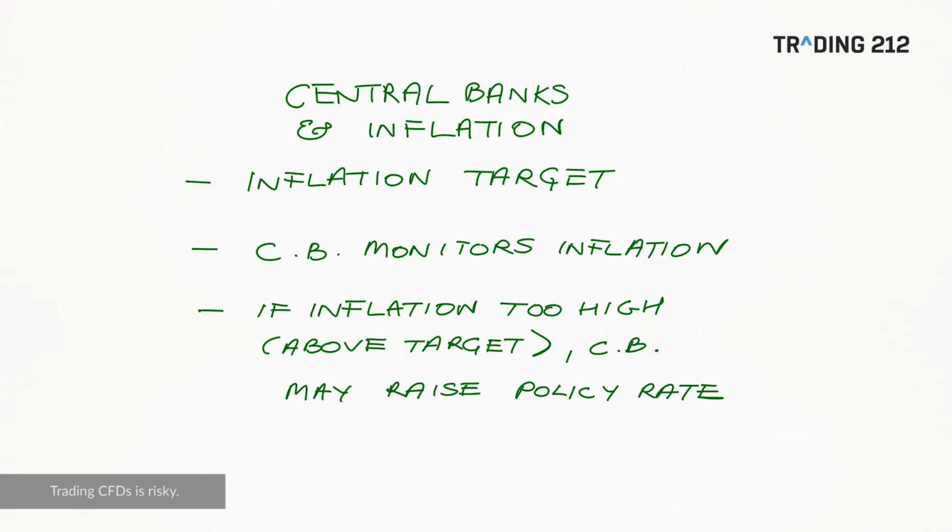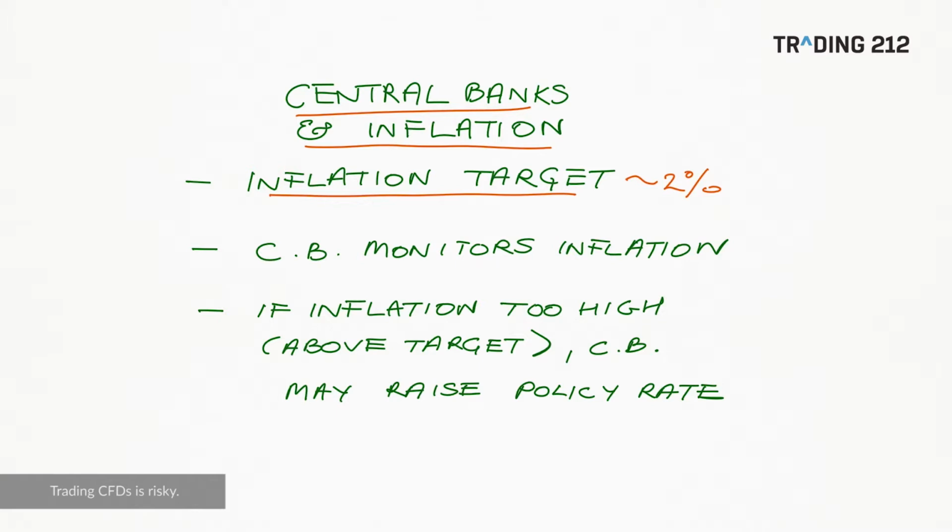So central banks and inflation are two things that are of real interest to Forex traders. Central banks will tend to have an inflation target, and for a lot of the central banks we're going to look at in this video, this is around about 2% generally. We'll see how there may be some small variations when we get onto looking at individual central banks.